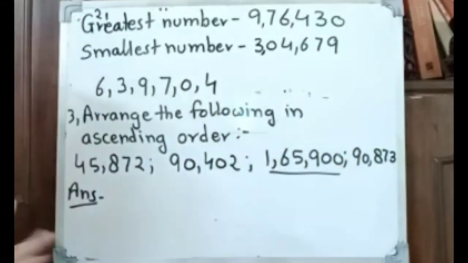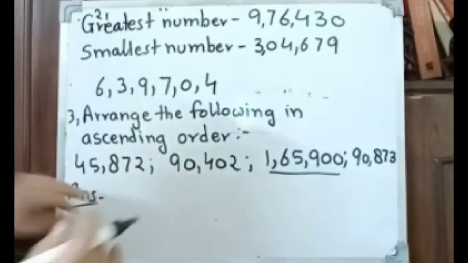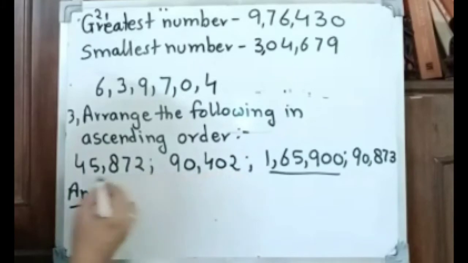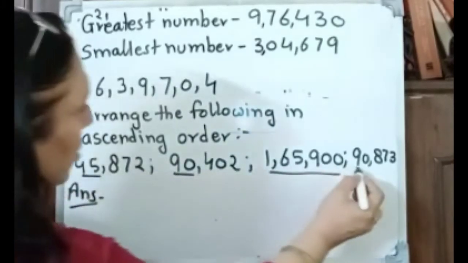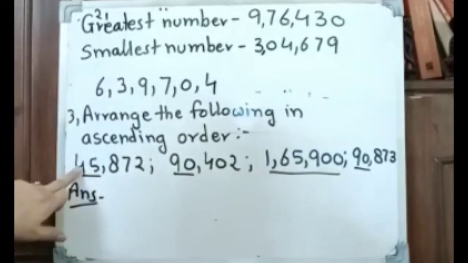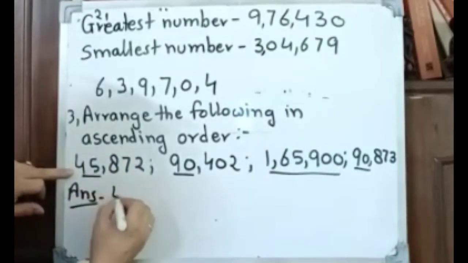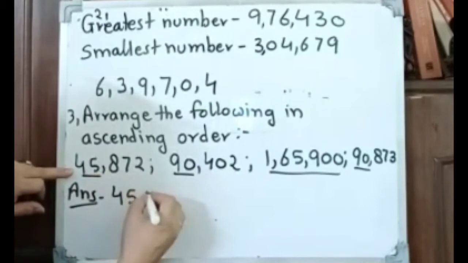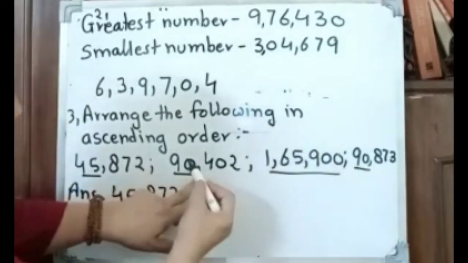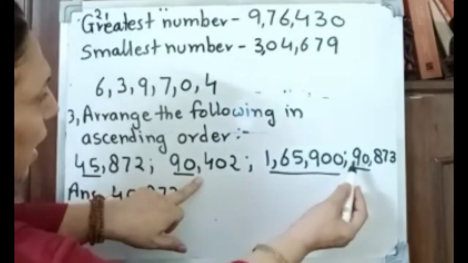Then you have to come to the highest place. That is 10,000. Ones, tens, 100, 1000, 10,000. So you see the highest place. Here we have 90,000, 90,000, 45,000. So it is clear that this one is the smallest one, 45,872. Now compare these two numbers. Here we have the same 90,000, 90,000.